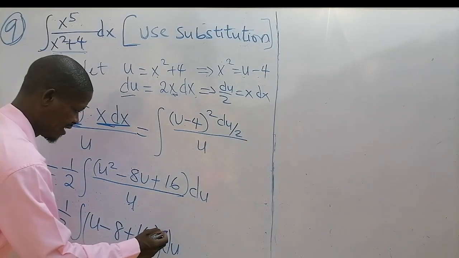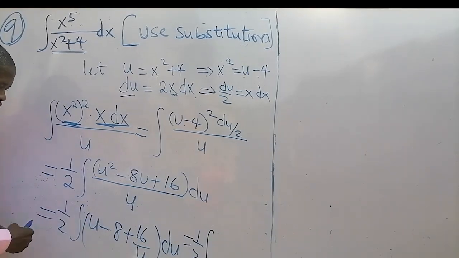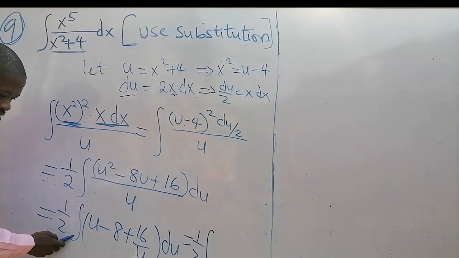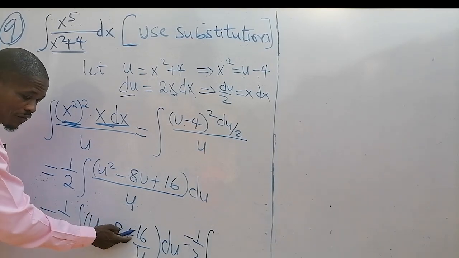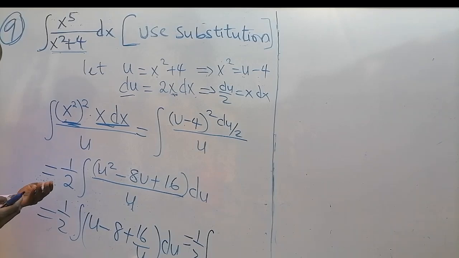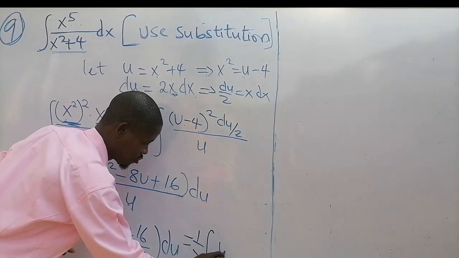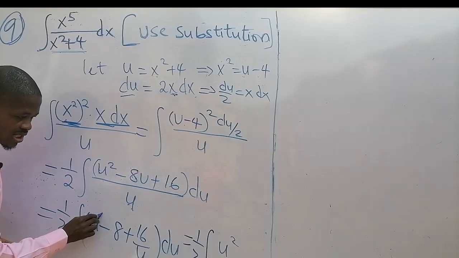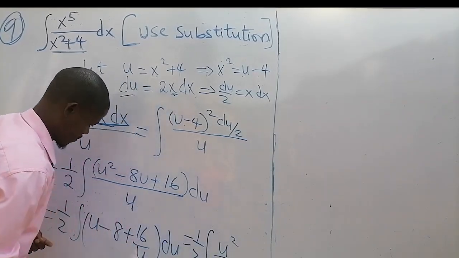We can quickly integrate this, and then we can now begin. Don't forget that the integral of a difference or sum of functions is going to be the integral of each of those functions. So integral of u is going to give me u squared over 2. Don't forget that this one is having power 1, so plus 1, that's 2 over 2.